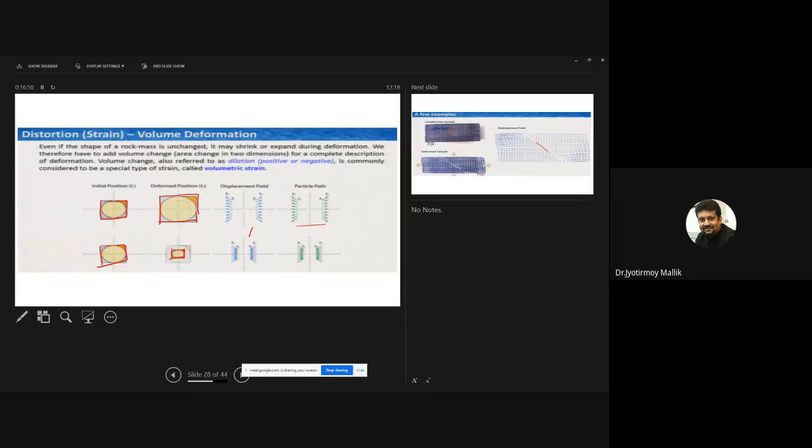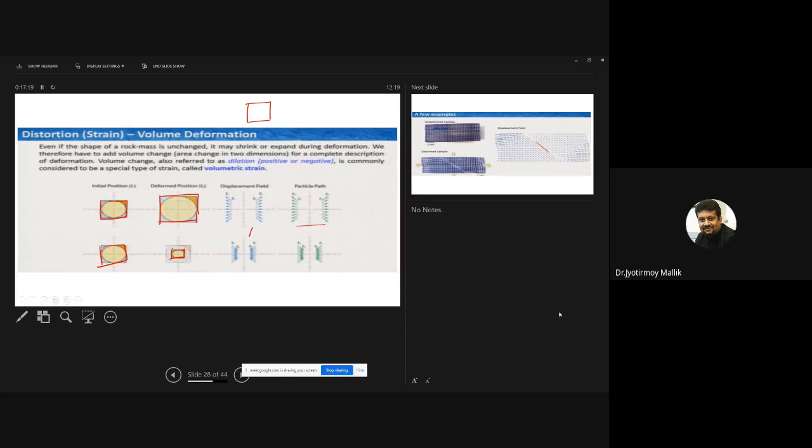Okay, so these things you don't have to remember. If you take a small block in your PowerPoint, and then squeeze it, or extend it, and see how each point actually translates, you will be able to form these displacement vectors and corresponding particle paths.